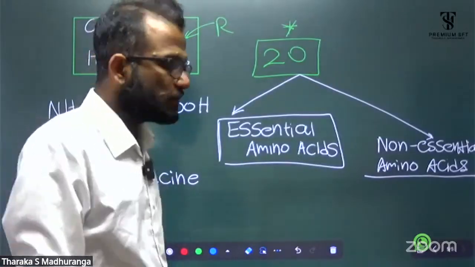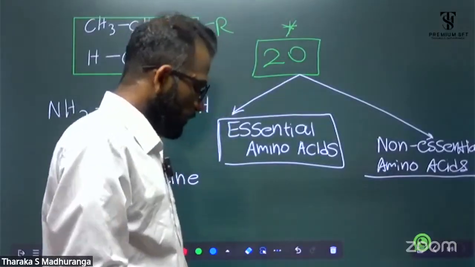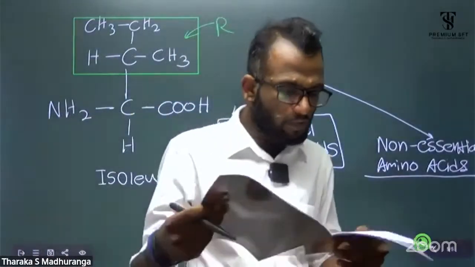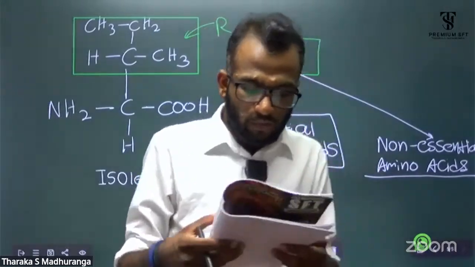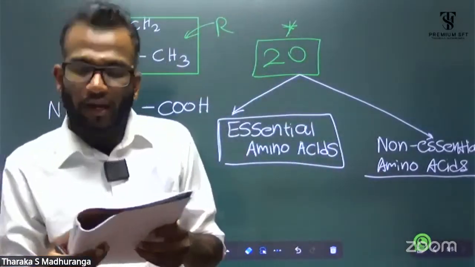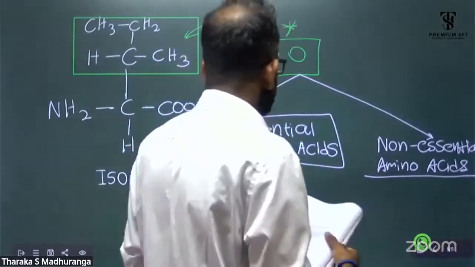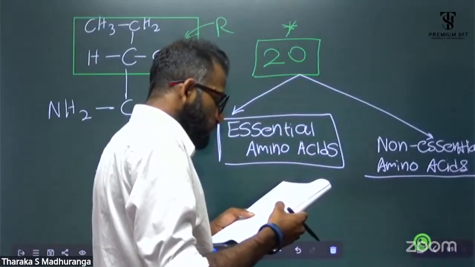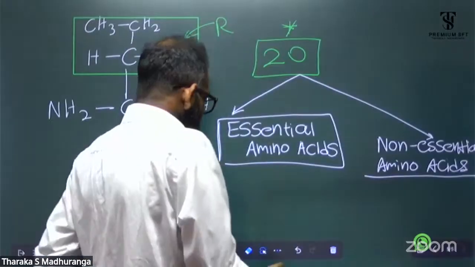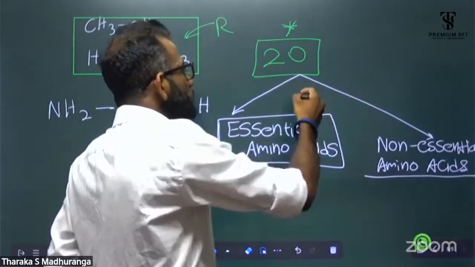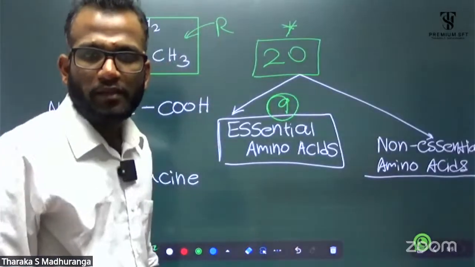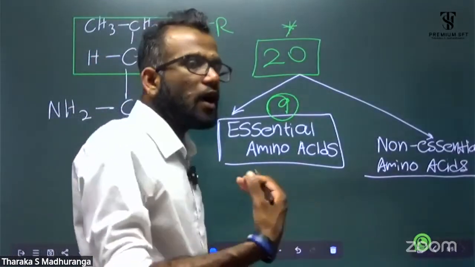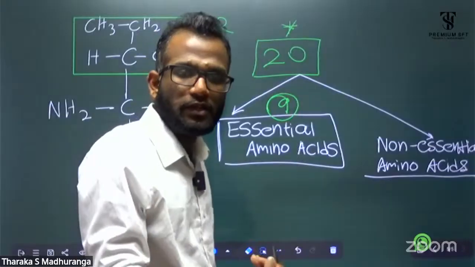Okay, in the TUT page number 16, before the different types of amino acid topic, I have given this. Out of 20 amino acids, 9 amino acids are essential. That means among these 20, 9 are essential: 9 amino acids we can't produce in our living structures.